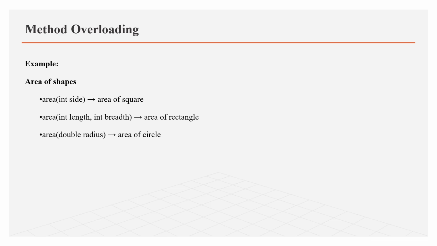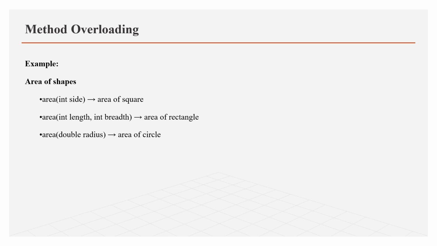So let's start with method overloading. This is the example of method overloading. We have also seen one example of addition. Here is the example of the area of shapes.